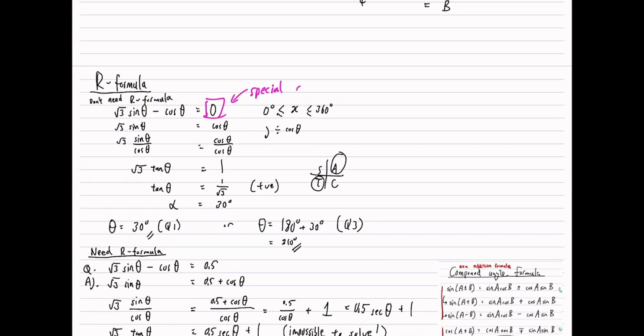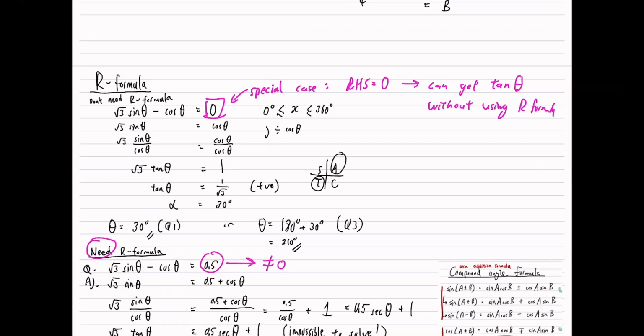In the special case where the right hand side equals 0, you can get tangent theta without using the R formula. Whereas this one, you need the R formula when the right hand side is not equal to 0.